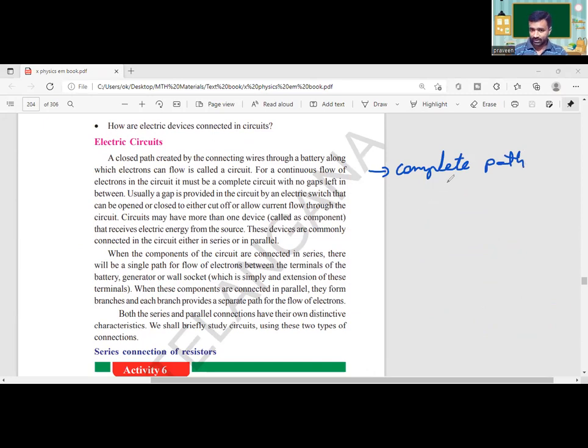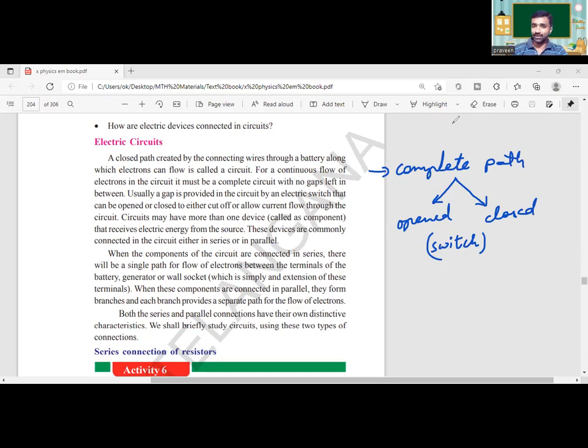It is of two types: open and closed. To open or close it, we use a device called a switch. A switch is a device which can operate the circuit to make it open or closed easily.